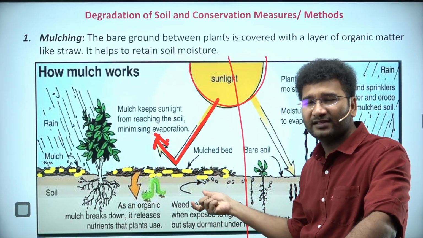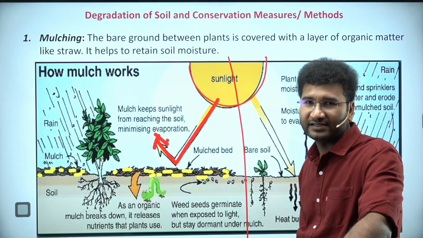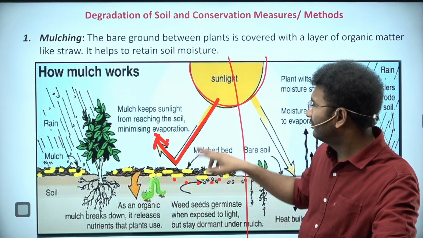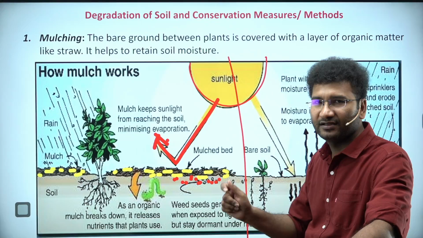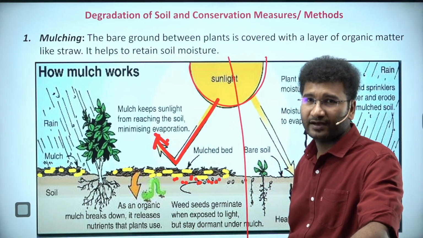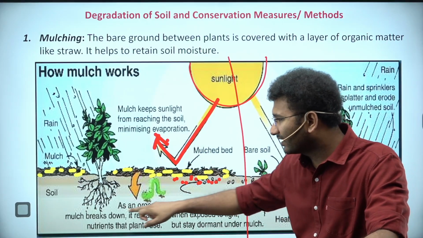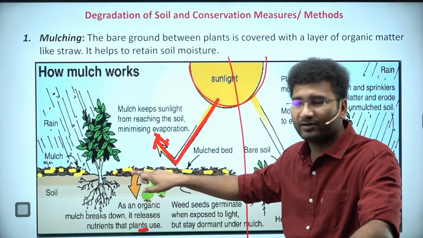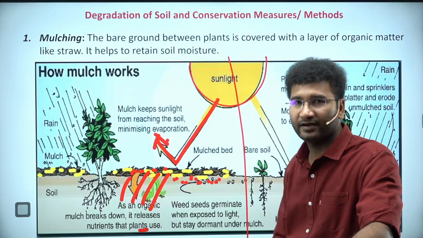And you know soil has moisture, and that moisture will stay as it is. Likewise, if there are any weeds, the availability of sunlight is not given to the weeds, in the sense of unwanted crop seeds, so they will not come above the surface. Now this is the advantage of mulching. As an organic mulch breaks down, it releases nutrients. That means it is the same crop residue, and it also gives nutrients to you.